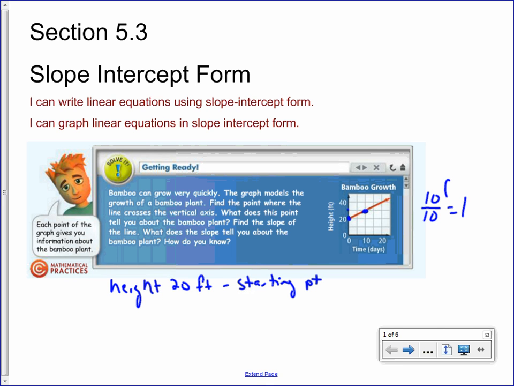Well, it's 10 feet in every 10 days. So that tells us that this is growing 1 foot per day. Okay, so that would be our slope. And how do you know? Because it grew 10 feet in 10 days. So our starting point was 20 feet, and then from there it grew 1 foot every day.